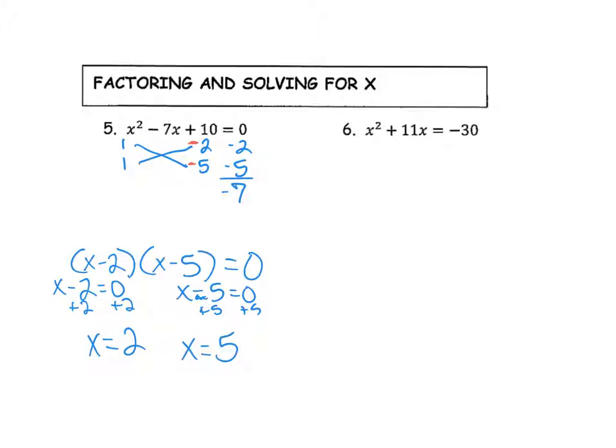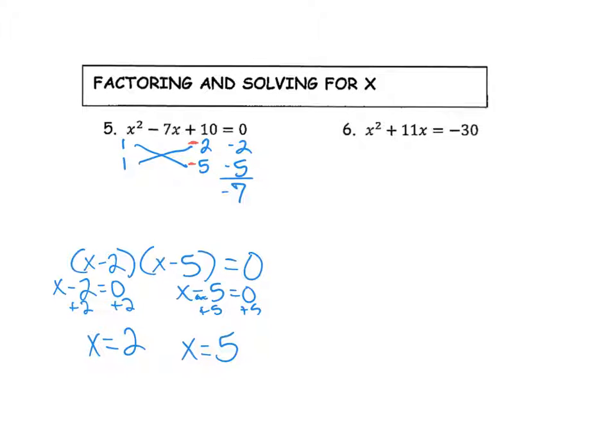That means that if I plugged back in a 2 into the trinomial, or if I plugged back in a 5 into the trinomial, they would both equal 0 when I did the math. Either one would make a 0 answer. 2 squared minus 7 times 2 plus 10, that would equal 0. Or 5 squared minus 7 times 5 plus 10, that would equal 0.